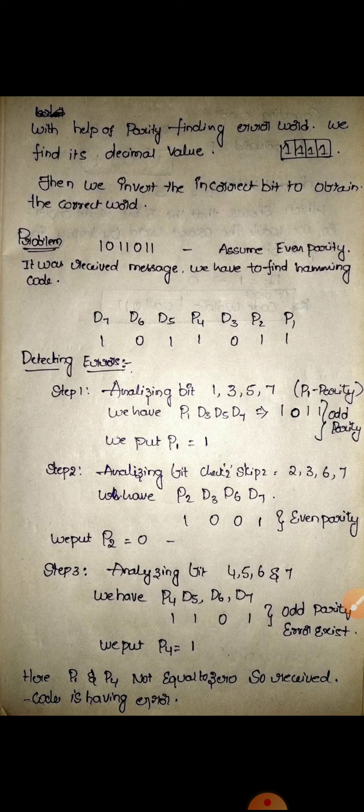In step 3, P4 parity position, odd parity is received, which means an error is present, so we kept P4 is equal to 1. Here you can notice that P1 and P4 are not equal to 0, so the received code has an error.